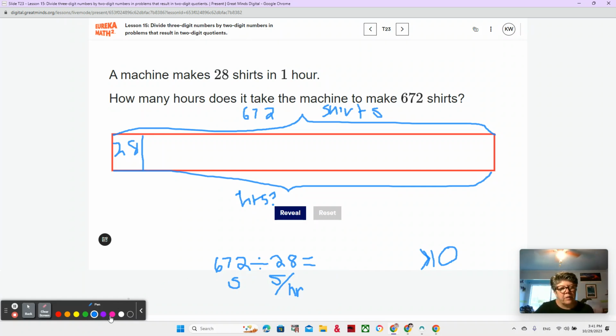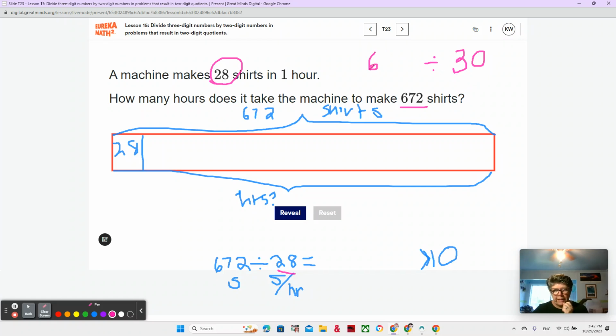Let's get pink for our estimate. Remember, we always start with our divisor. Divisor, right? The number we're dividing by, the number that's outside the house. So 30 is a really good round number from 28. And 672. Now think about the threes or look at your 3 times tables, right? 67. 3 times 2 is 6.